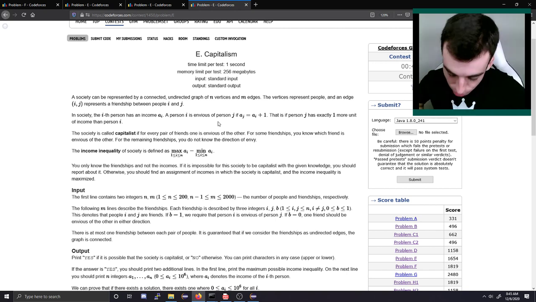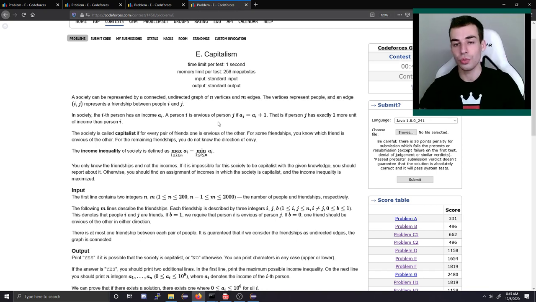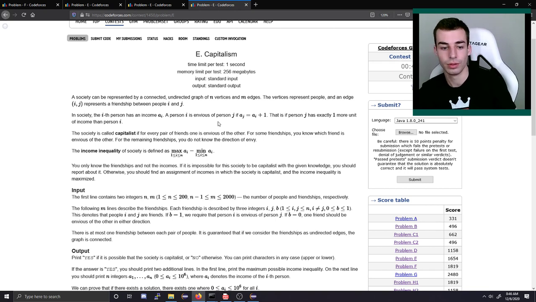That's the only thing we can do. So if it's got all outgoing edges, we can make all the edges incoming. That's a +2 to the answer, as long as one thing stays at 0.